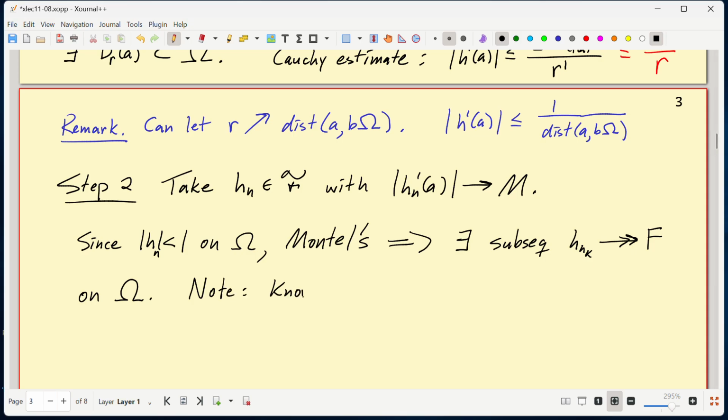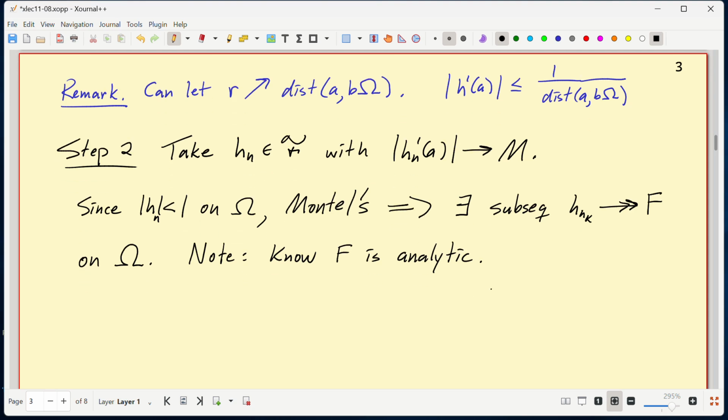We knew a long time ago by Montel's that F is analytic. So my claim is that F is going to be the Riemann map. F is the Riemann map. I'll explain what I mean when I say the Riemann map. Right now I'm saying it is a Riemann map.